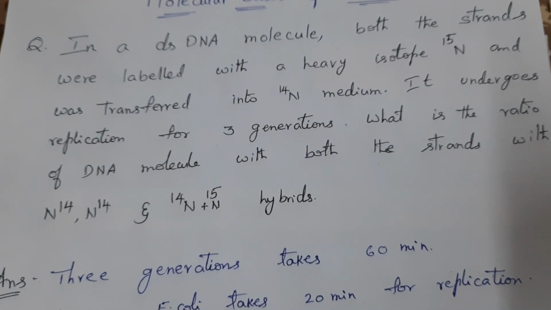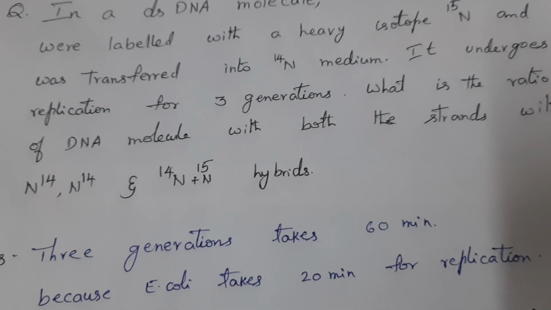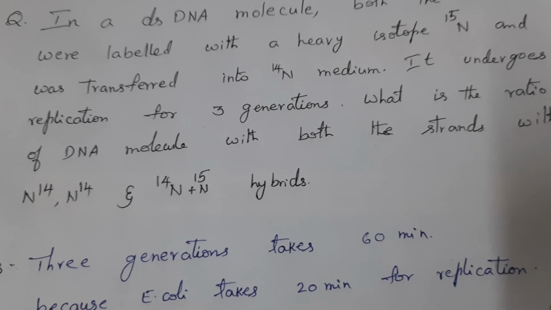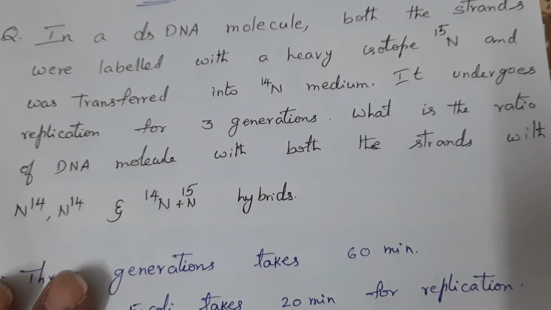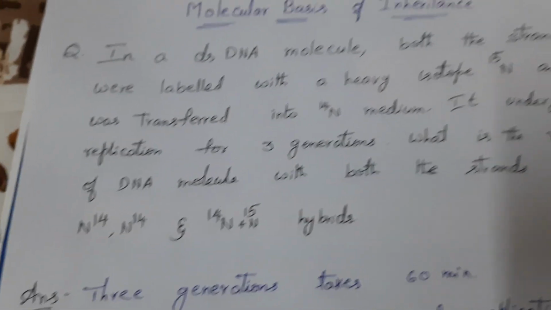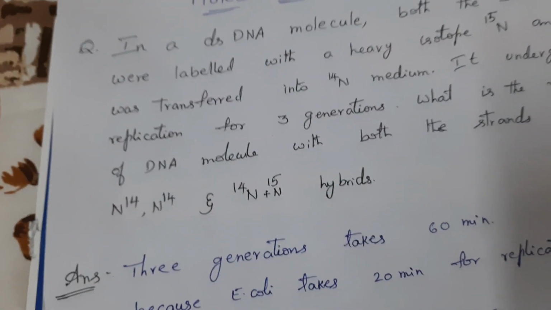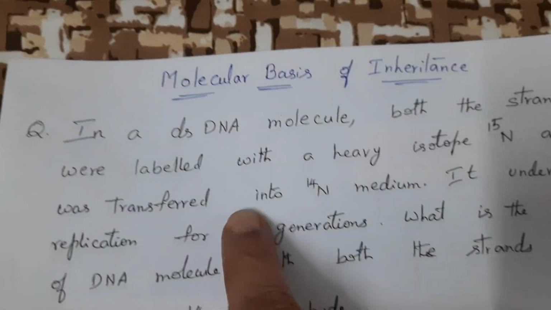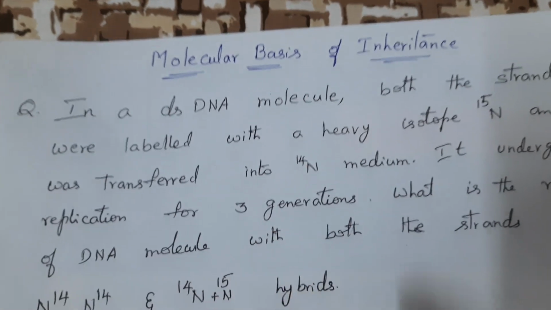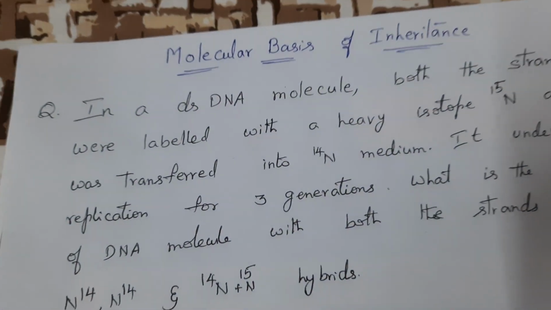Then it undergoes replication for 80 minutes. Now here they will not say the 4 generations. Same type of problem, but the case will be different. How they will ask is different.